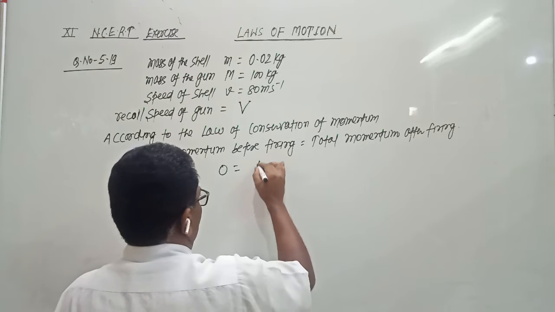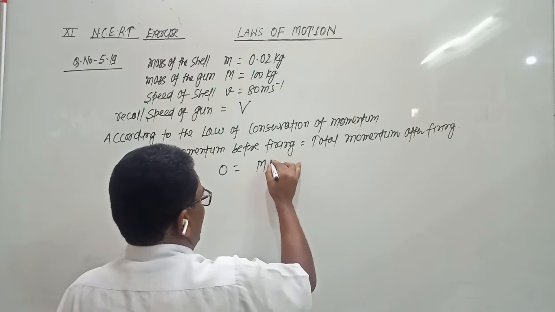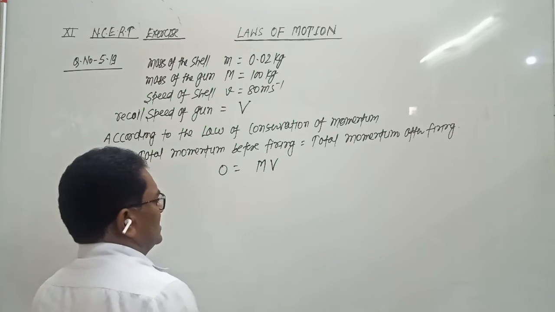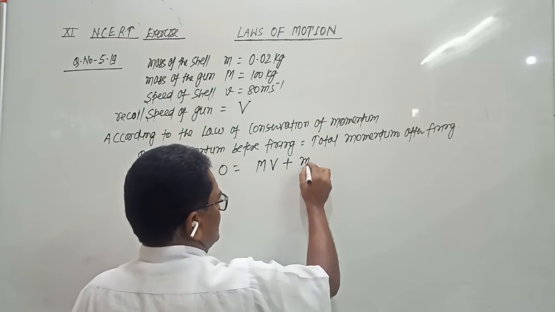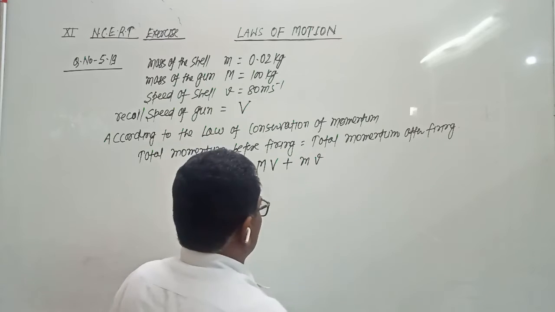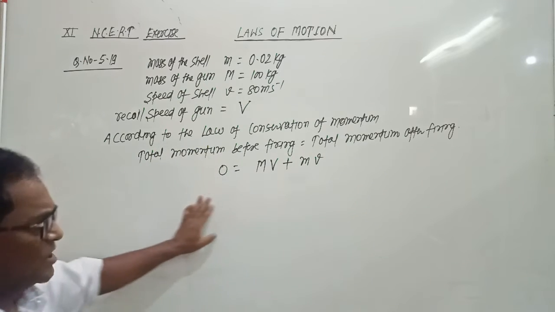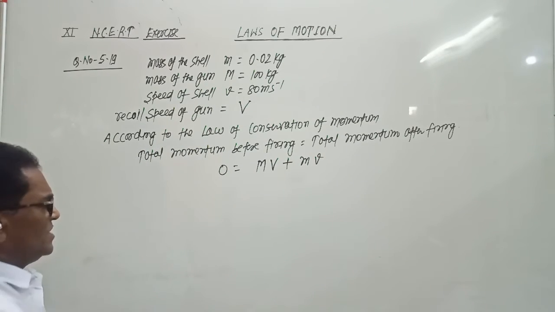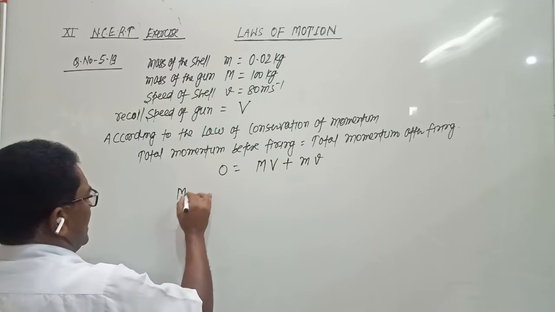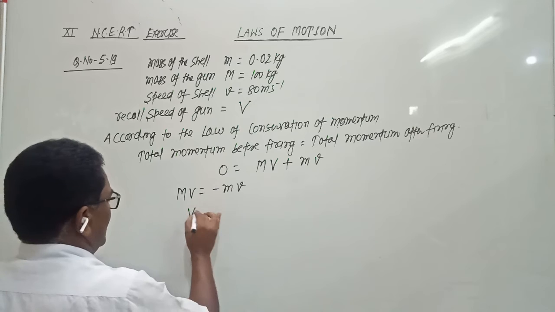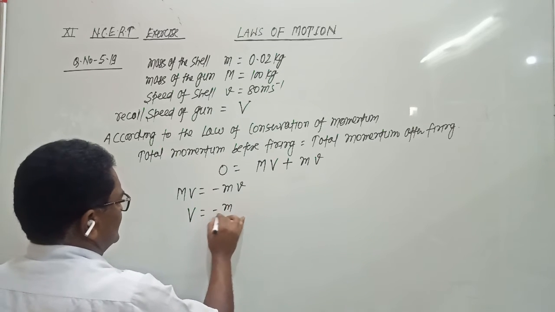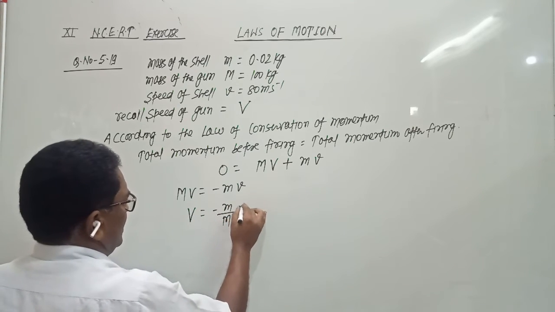So mass of gun is capital M and velocity of gun is V, plus mass of the shell is small m and velocity of the shell is small v. So M V equals minus m v, and V equals minus m upon M into small v.